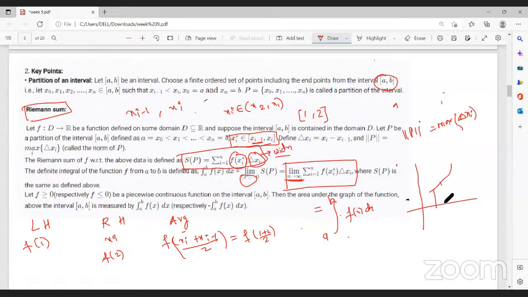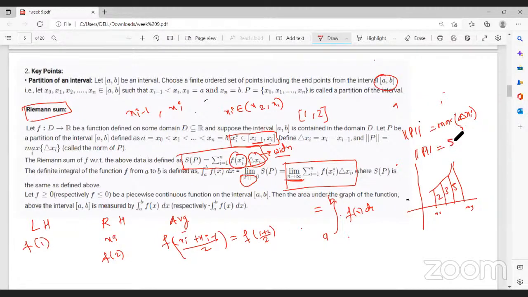I am dividing it into only 3 parts. So this width is 2, this width is 3, and this width is 5. So the maximum of these widths will be 5. So the norm of this particular partition, from x0 to x3, will be 5. It is the maximum width of any of the rectangles.